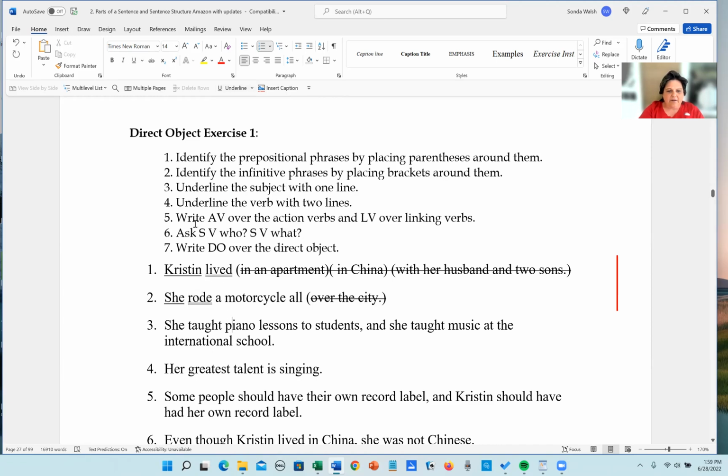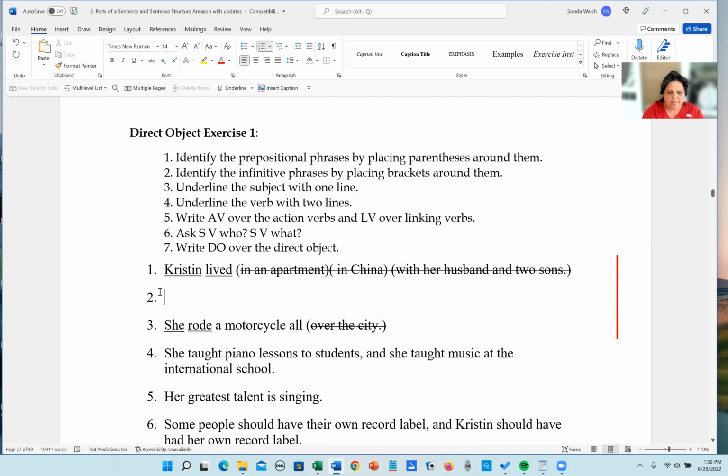Then we write action verb over the verb, action verb or linking verb. So rode is an action verb. I'm just going to put it right here.